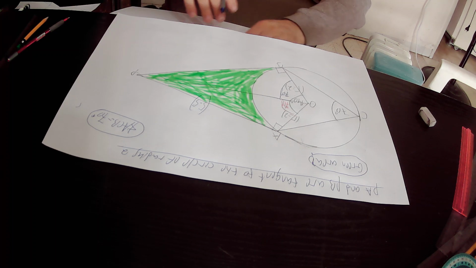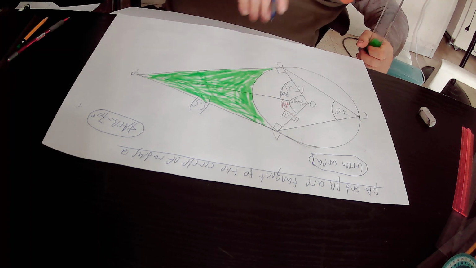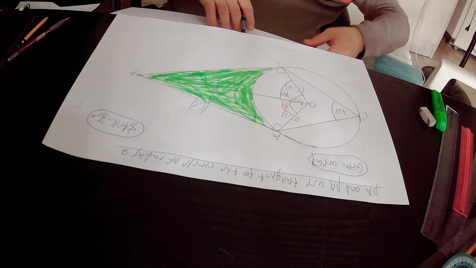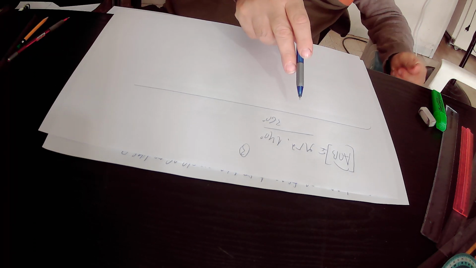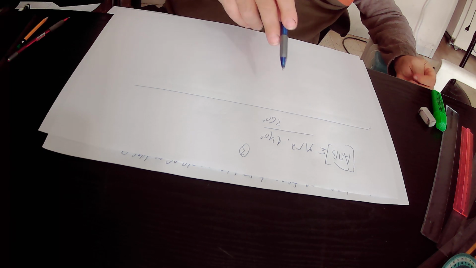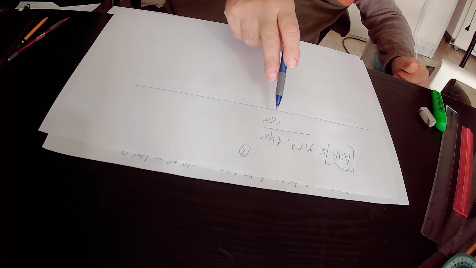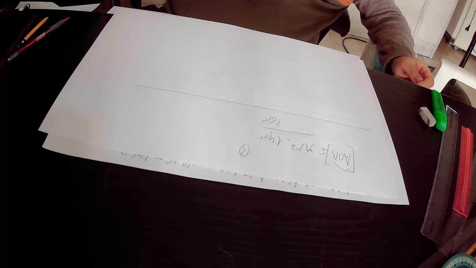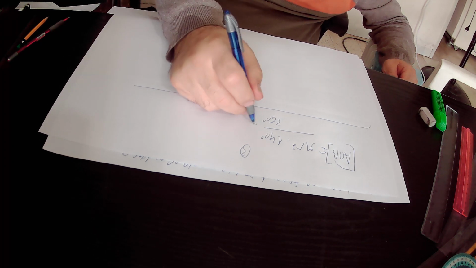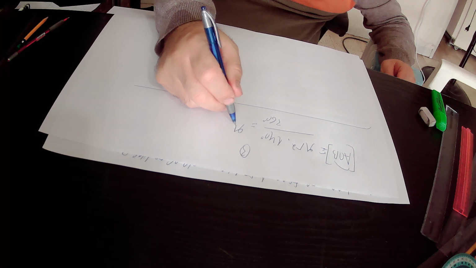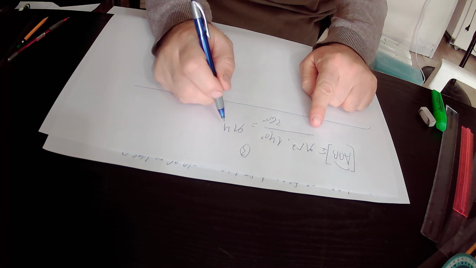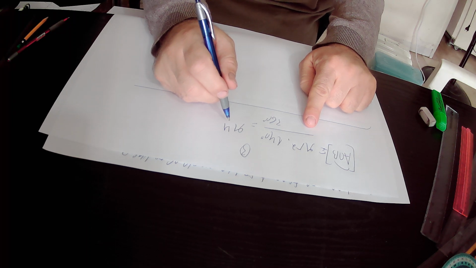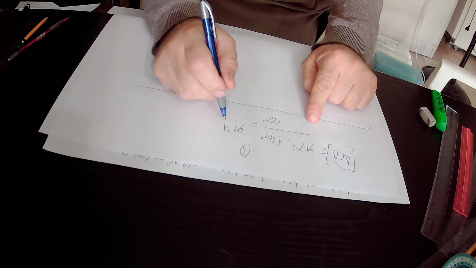I repeat again, the area of this sector AOB equals the area of the circle that contains the sector, pi r square, times the angle between the legs of the sector, 140 degrees, over 360 degrees. So it is pi, and r is 2, therefore r square is 2 squared, that is 4. So the area of the circle that contains the sector AOB is 4 pi.